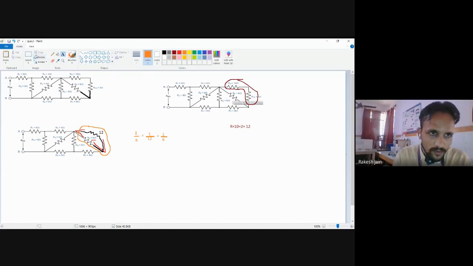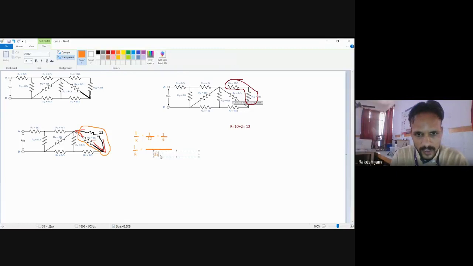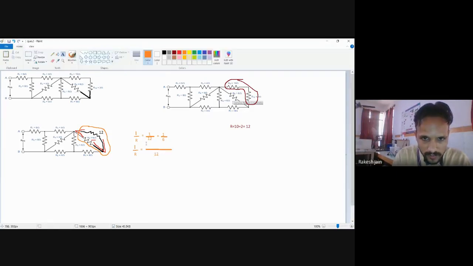Now we have to find out the answer of this one. So what will be the answer of this? The LCM will definitely be 12, since 12 and 6 are there. So I just write down 12. Now 12 ones are 12, so only 1 will be there.